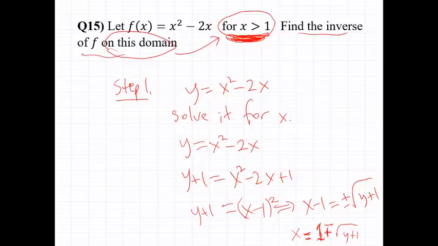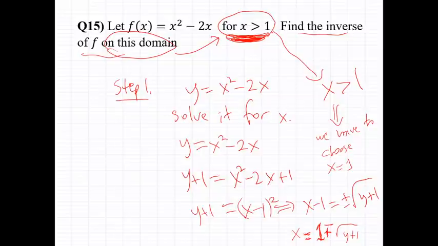Now, here you have to pay attention again to how it says x is bigger than 1. So bigger than 1 means we have to choose 1 plus square root y plus 1. It's not minus, right? If it is minus, then it will be less. So we choose this one.